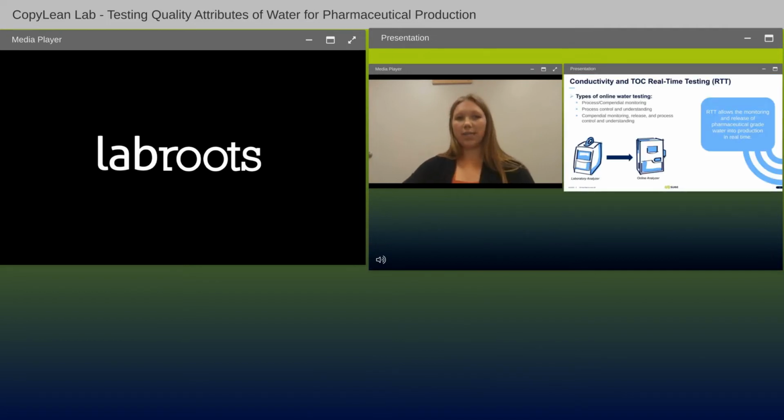Real-time testing is an application that's made headway in recent years, but was originally established in 2010 in the ASTM guidance document E2656. To understand what real-time testing is, we need to delineate between 3 ways in which online instruments can be used: 1, process monitoring, 2, process control, and 3, process release.